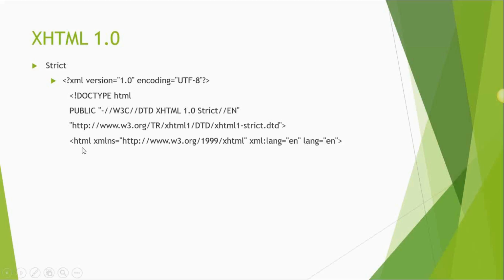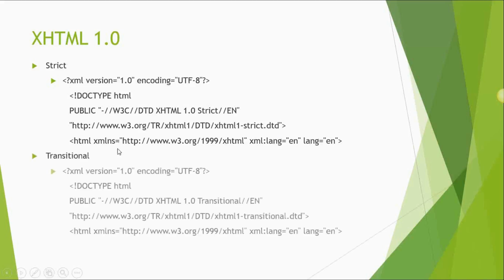We have to define this to say that it's an HTML document. You can see here it's the same format we have used, the doctype HTML public, and then the FPI, and then the URL, which says XHTML1 strict.dtd.